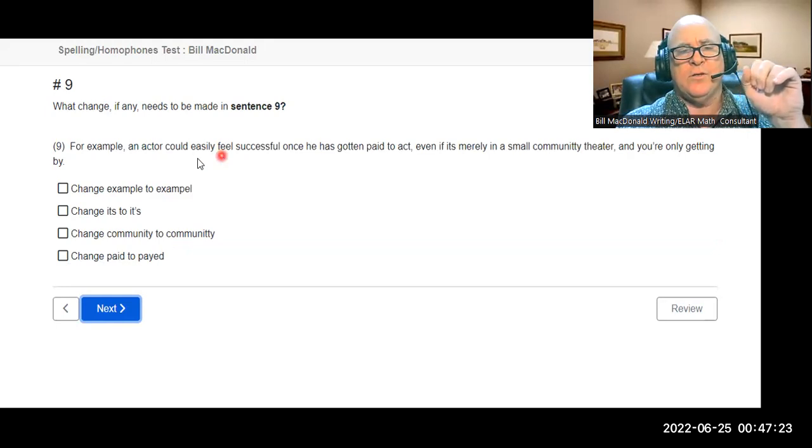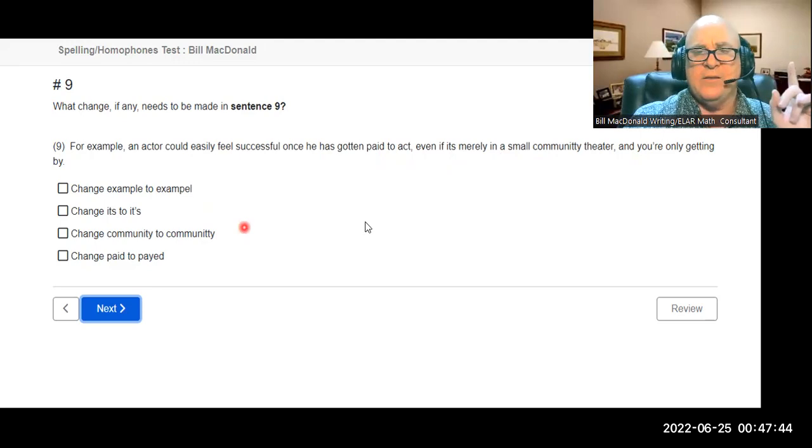An actor, singular, the subject, could easily feel successful once he has gotten paid to act, comma, even if it's merely in a small community theater, and you're only getting by, period. Now, I see a mistake. So like I mentioned, if I see one, I'll let you know about it. I see 2 mistakes. One was accidental and one was on purpose.